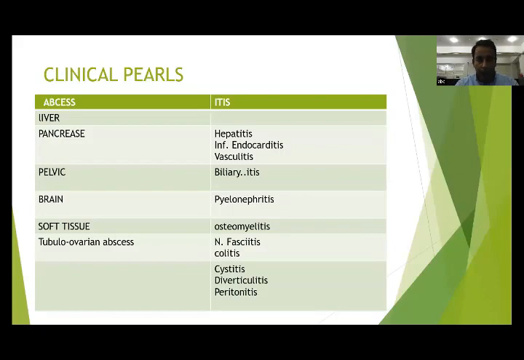In the second part, itis includes hepatitis, infective endocarditis, vasculitis, biliary infections, pyelonephritis, osteomyelitis, necrotizing fasciitis, cystitis, diverticulitis. All come under this territory of itis, which I made into this table for you, and hopefully it is very helpful for you.